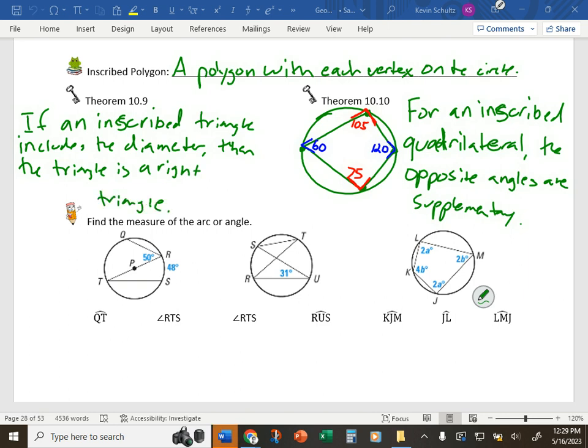Okay? If an inscribed triangle includes the diameter, then the triangle is a right triangle. And we'll draw a little picture to correspond with it shortly.